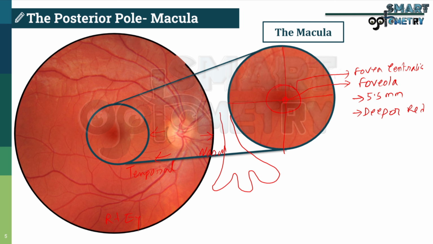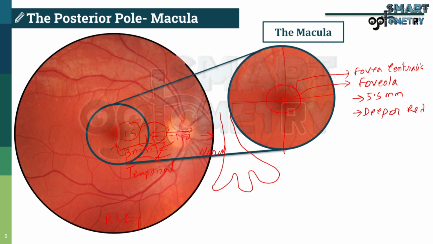Now the foveola, that is here, is two discs away from the optic disc. So if the diameter of the optic disc is 1.5, then one optic disc, two optic discs. So it will be total 1.5 and 1.5, total 3 mm temporal to the optic disc.